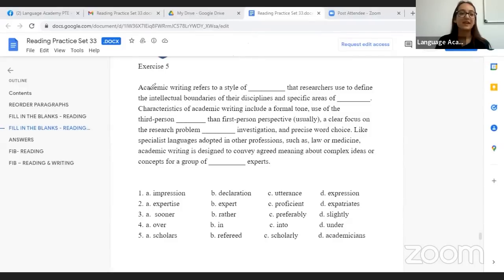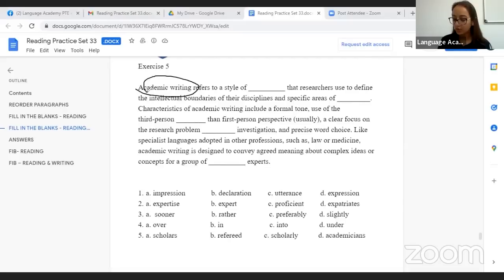Okay, let's see. Academic writing refers to a style of dash that researchers use to define the intellectual boundaries of the discipline. So it refers to a style of impression, declaration, utterance, or expression. So we are talking about a writing style.